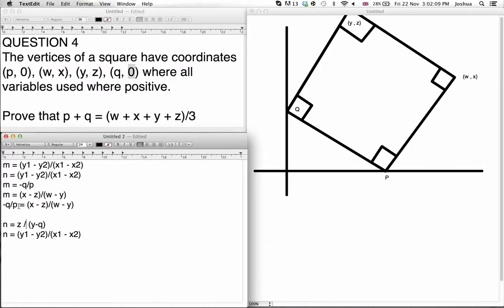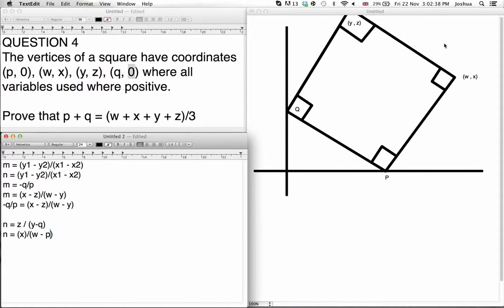Now let's get this equation out of the way. We know that. Let's let this point be number 1. Actually, let's let this point be number 1. So we know that x minus 0, x minus 0 is x, and then w minus p.